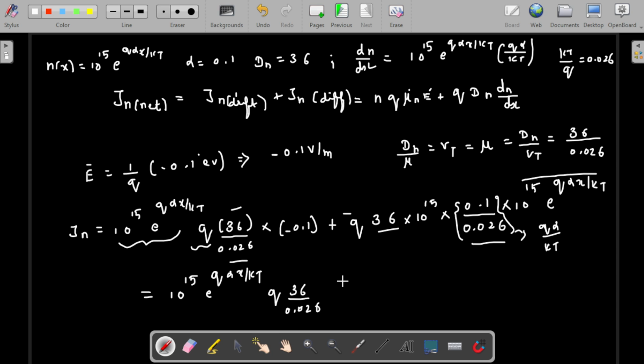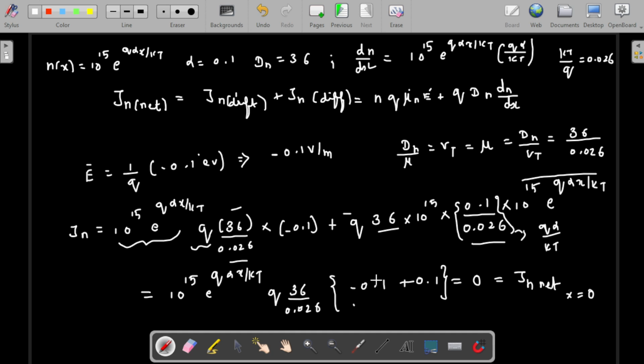I hope all the constants are removed outside. So the pending terms are minus 0.1 and here plus 0.1. If we look clearly, that is equal to 0. You may wonder that these huge numericals result in 0. So we can clearly state that the J net is equal to 0 at x equal to 0.